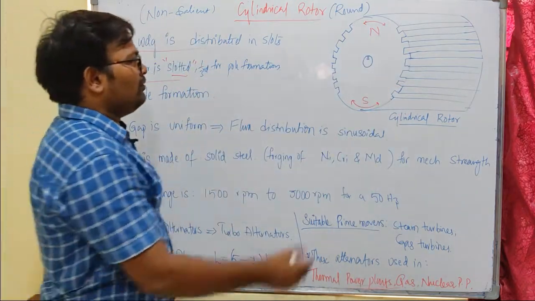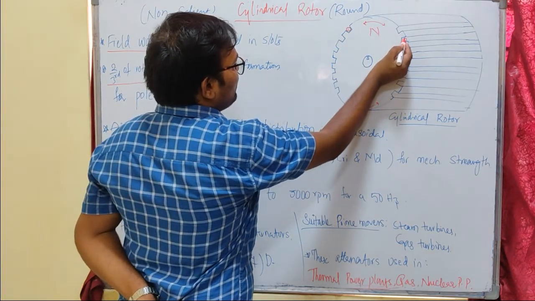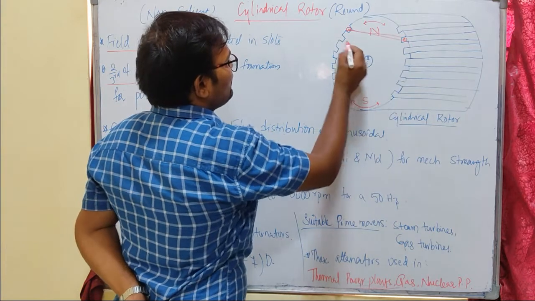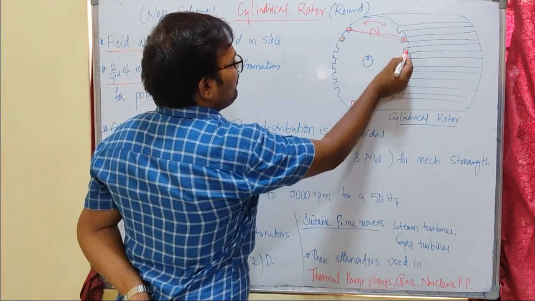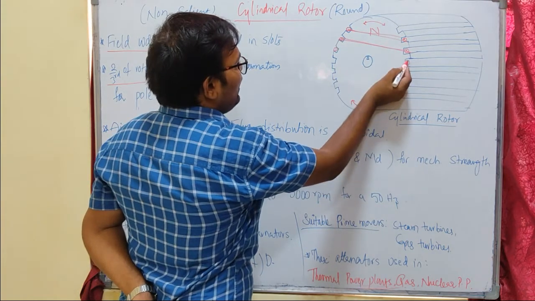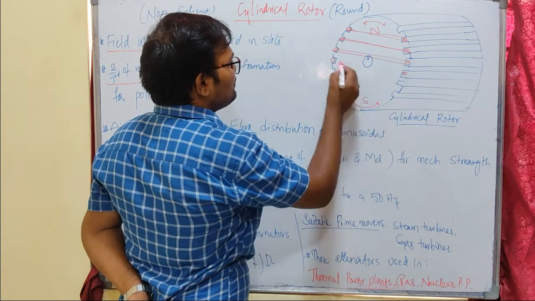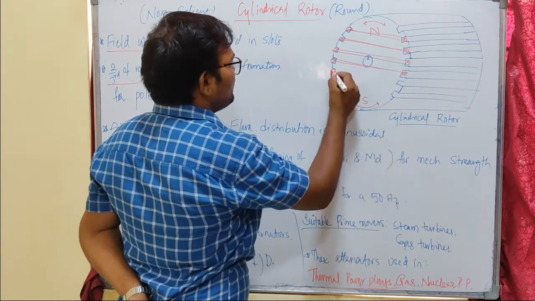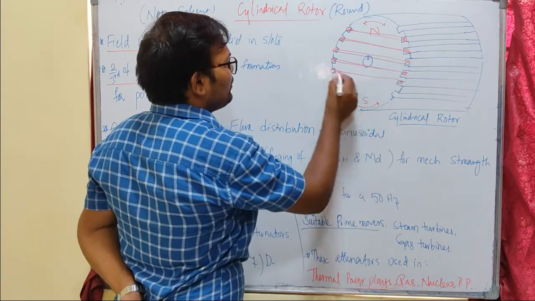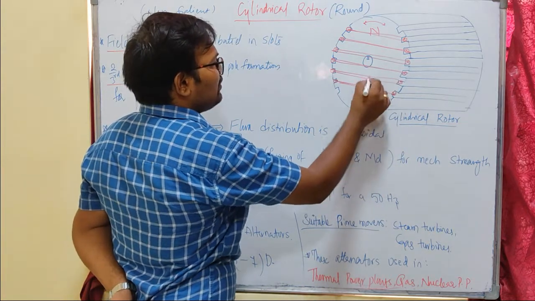So the placement of the winding is distributed all over the periphery of the rotor. That means this will be the distribution of winding. The field winding is distributed all over the rotor periphery. Here you can see the number of slots distributed all over the periphery of the rotor. Like this, these parts are called overhangs.